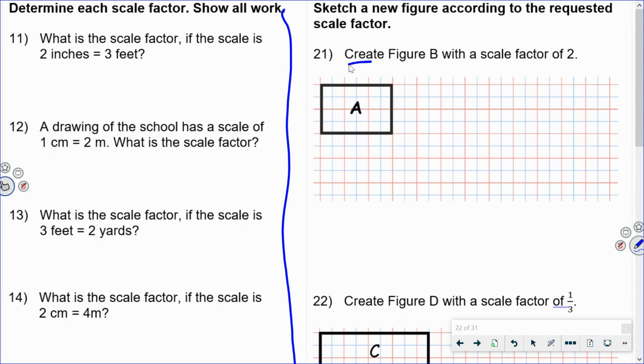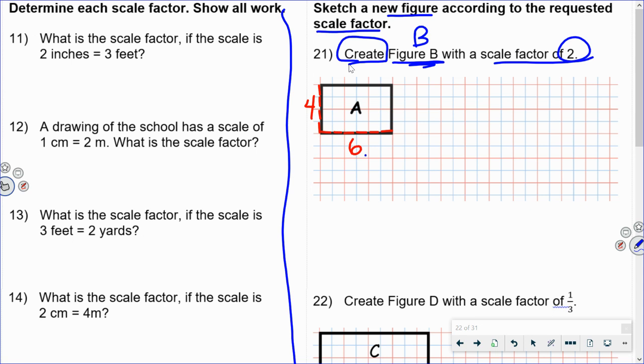This says we're sketching a new figure with the requested scale factor. So we're creating our own figure B. Scale factor is 2 wholes. I'm going to write figure A. It looks to be 1, 2, 3, 4 units tall, and 1, 2, 3, 4, 5, 6 units wide. And we can use that scale factor.